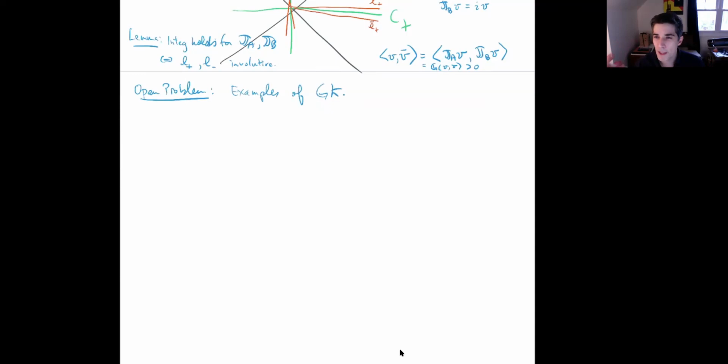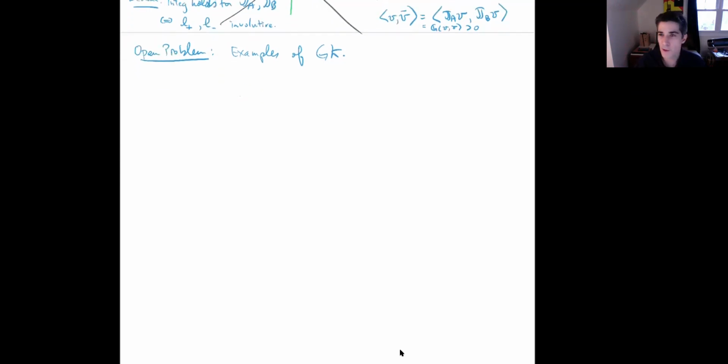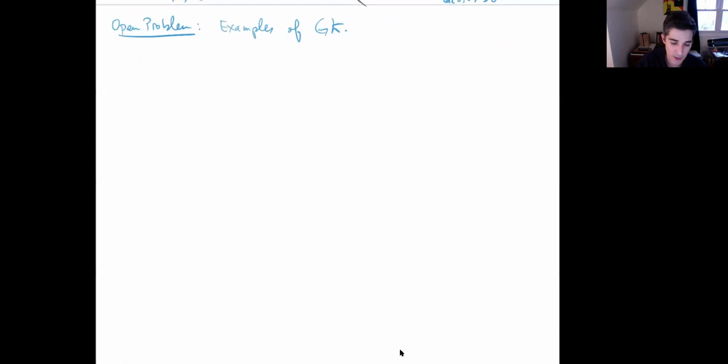But there's certain conditions which are totally natural that you could investigate, but where we have almost no examples at all. So let me just explain, rather than spend time on constructing examples, I'm just going to give an overview for all the examples that we know, at least all the examples that I know. So where do the examples come from? So of certain type.